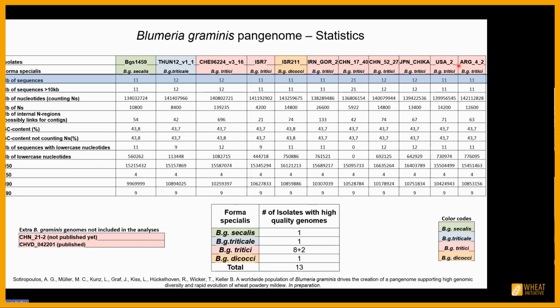So with this pangenome analysis we tried to cover the broad diversity of powdery mildew of wheat and closely related species. And you can see that this is basically always coming to 11 chromosomes for most of the genomes.